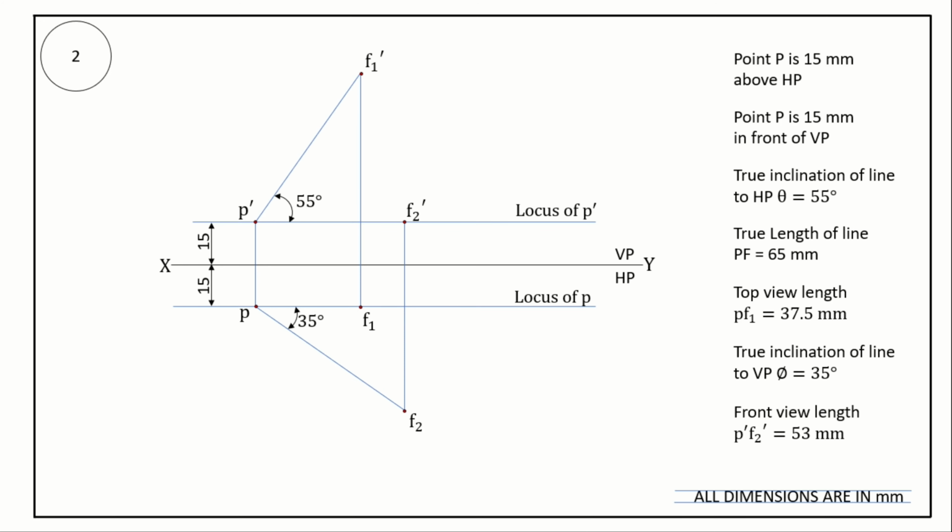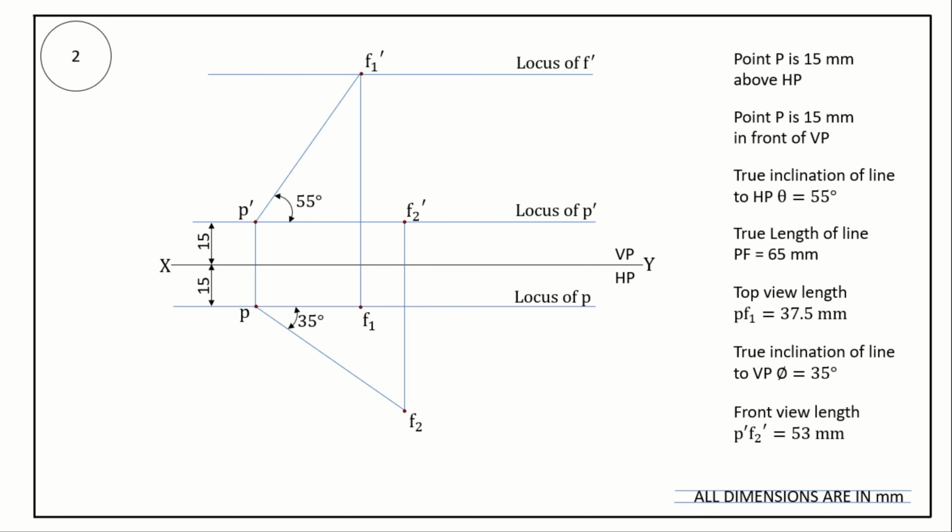Now the last step is to locate the front view and top view of the point F. I must mark F dash and F. For that we will adopt the rotating line method.